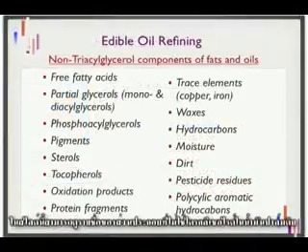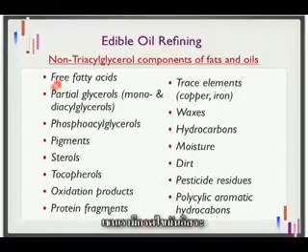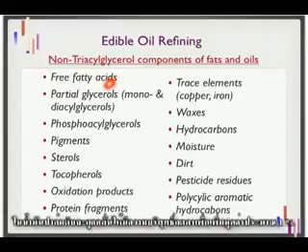In this slide you can see the list of non-triacylglycerol components in the crude palm oil, or in any crude vegetable oil. So for example, we have a free fatty acid or FFA. This is in the crude oil usually present at around 3 to 5%, and in the refining we want to reduce it to a very low level, maybe less than 0.1%.